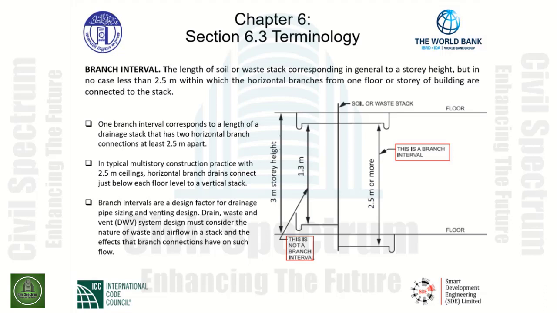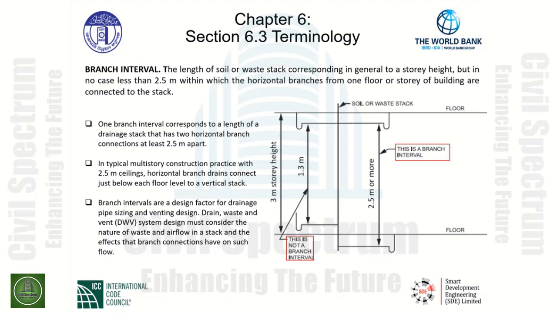Therefore, if we have any connections, as we do here, we have 2 horizontal connections into the soil stack on the left-hand side. The vertical distance measured is 1.3 meters between these horizontal connections into the soil or waste stack. This is not considered a branch interval. Does not meet the definition. As we recall, it must in no case be less than 2.5 meters.